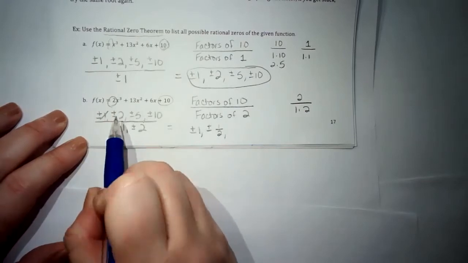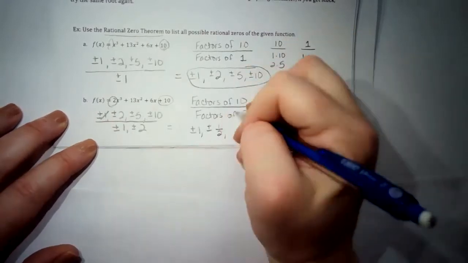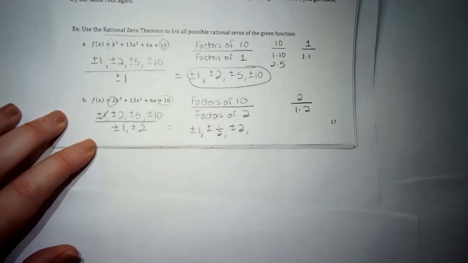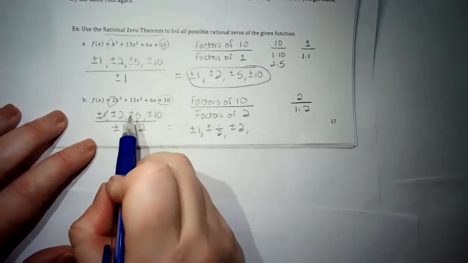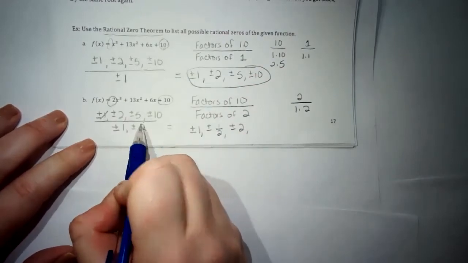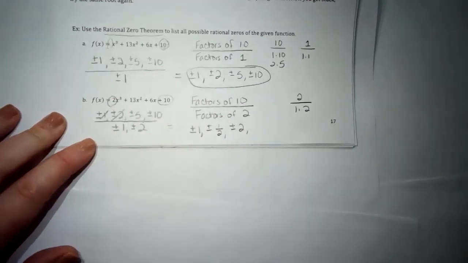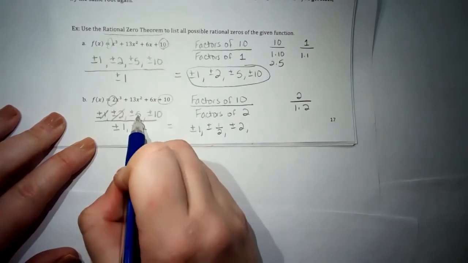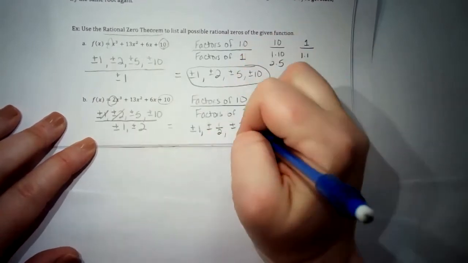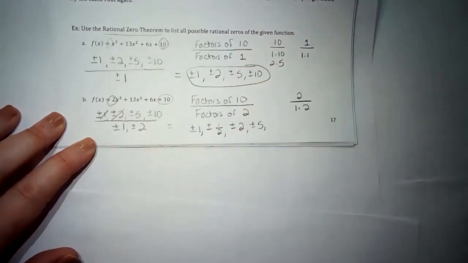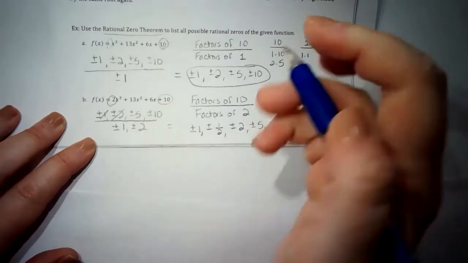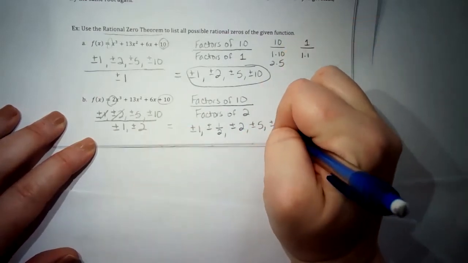Then I'm going to take 2 divided by 1. That's plus or minus 2. 2 divided by 2. Well, that's 1, and I already have it, so I don't have to list it again. So now I'm done with that one. Okay, 5 divided by 1 is 5. 5 divided by 2 is 5/2.